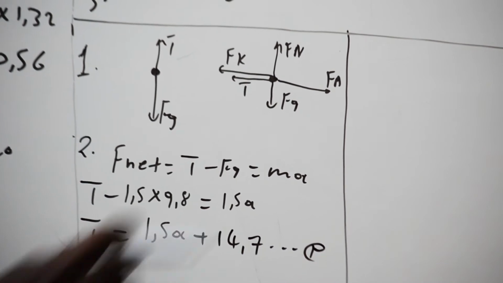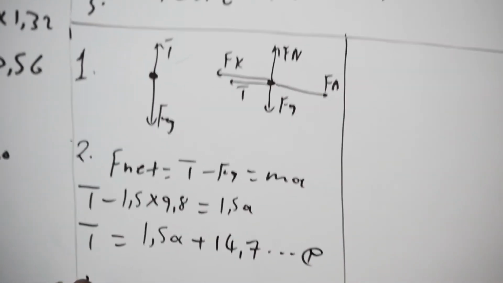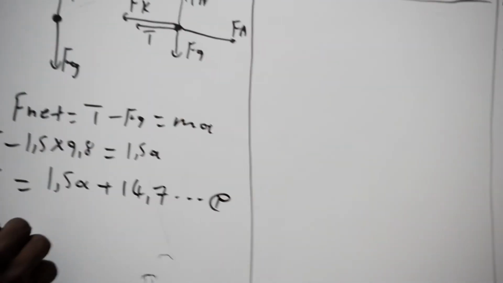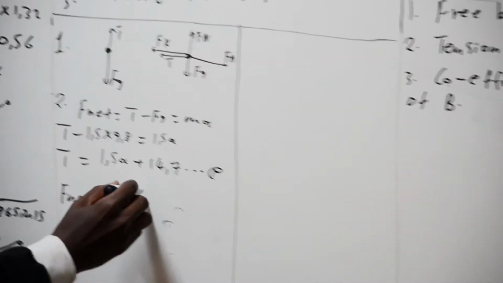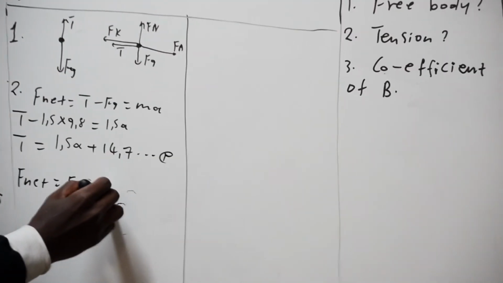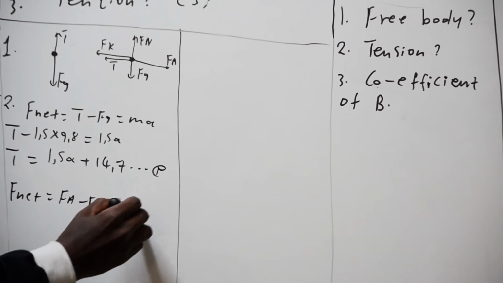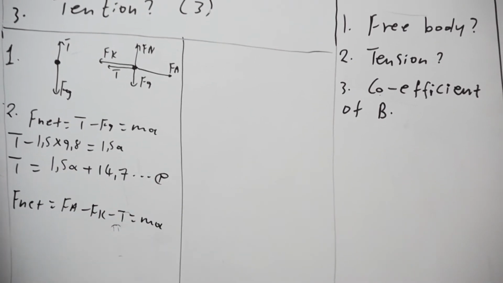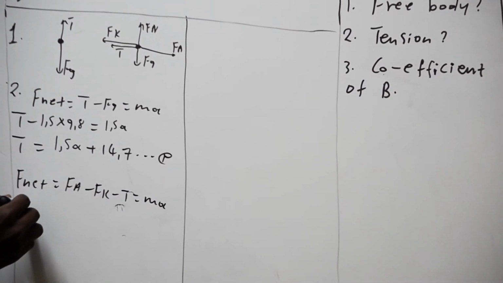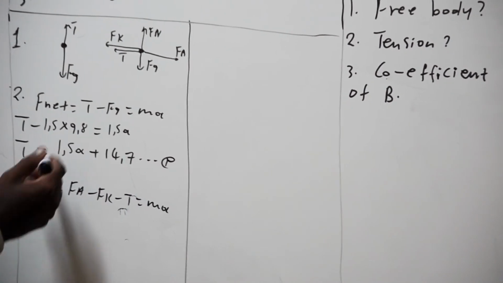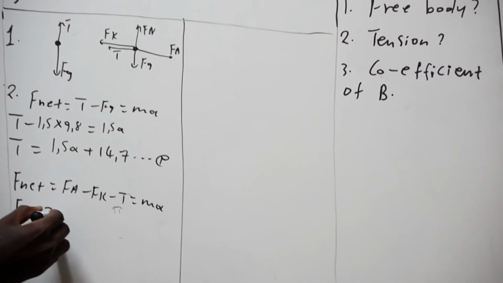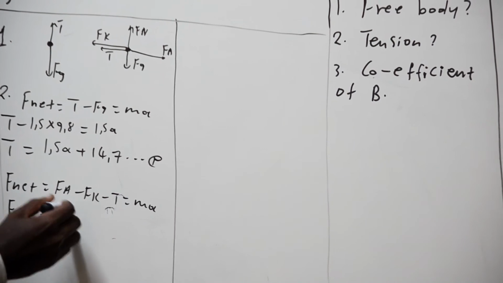Coming to number 2, I've got F net equal to FA minus FK minus tension. Here I use a minus sign because the angle is 180.